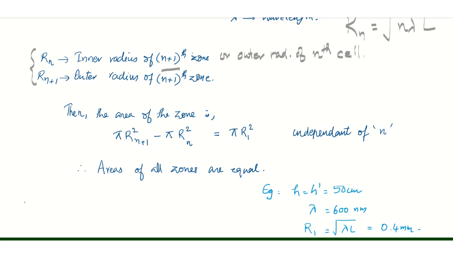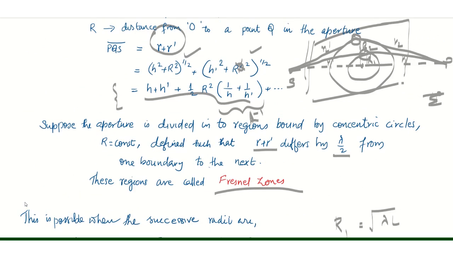Then Rn plus 1 is the outer radius of the n plus 1 cell. This is Rn, the outer diameter, and this is Rn plus 1.